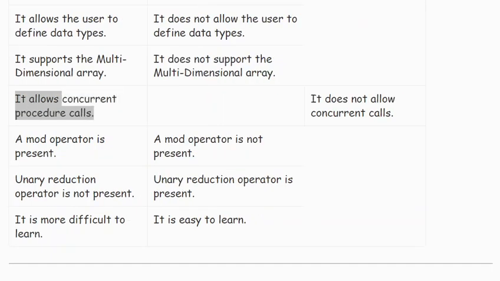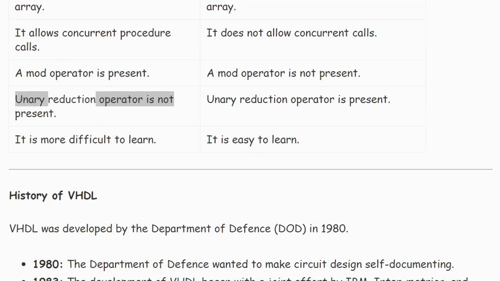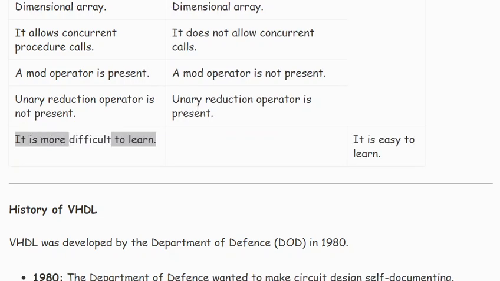VHDL allows concurrent procedure calls. Verilog does not allow concurrent calls. In VHDL, a mod operator is present. In Verilog, a mod operator is not present. In VHDL, unary reduction operator is not present. In Verilog, unary reduction operator is present. VHDL is more difficult to learn. Verilog is easy to learn.